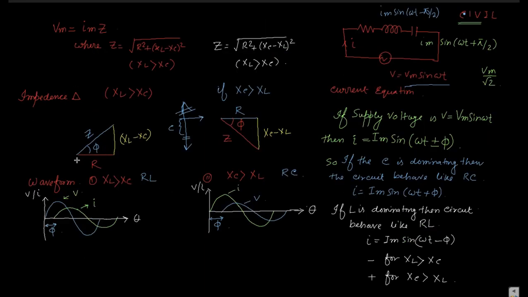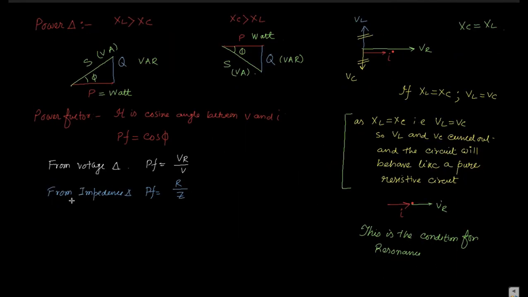Next, from the power triangle, what is the power factor? Here it is P, this is S, so P by S. All are nothing but cos phi.